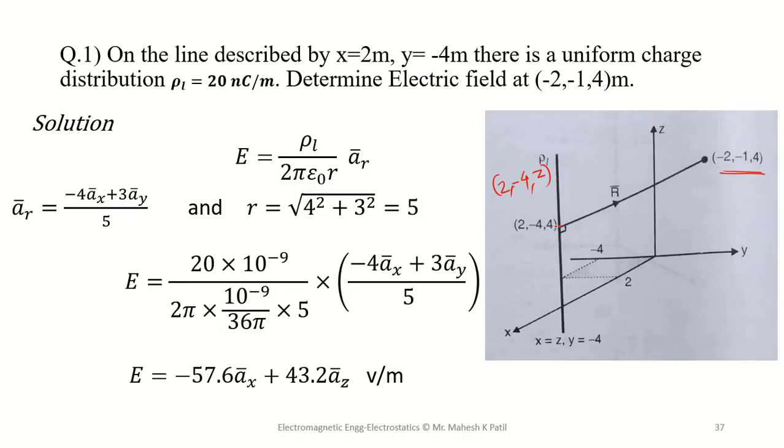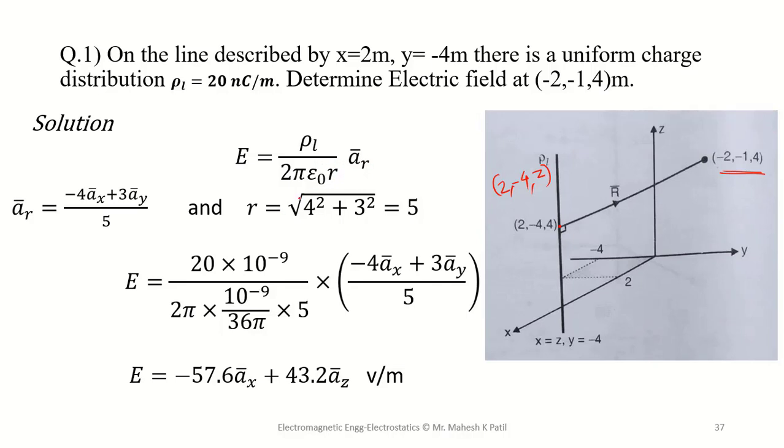So I can write the coordinates for this point as 2, minus 4, 4. So this is our line along which vector r and unit vector AR are going to remain. So we can write the basic equation, that is, the electric field intensity due to line charge distribution: E equal to rho L upon 2 pi epsilon naught r AR bar.